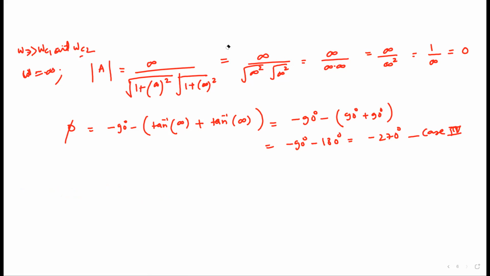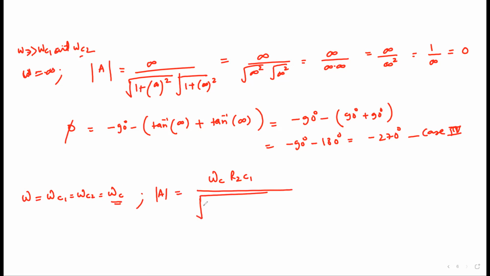The final case would be omega is equal to omega C1 is equal to omega C2, and that is equal to omega C. In that case, we have the gain omega C R2 C1 divided by 1 plus omega C over omega C, because omega C2 is now omega C square, and here 1 plus omega C over omega C whole square.